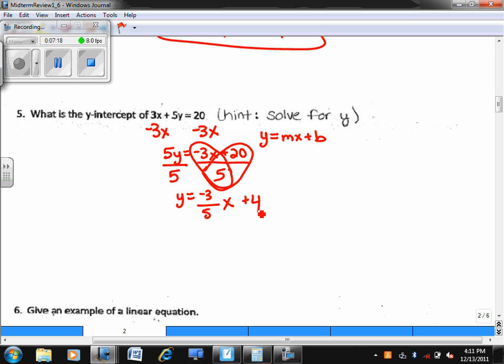So that's our equation. Now we just need to identify our b, and in this case, our b is 4. So b equals the y-intercept, which is 4.